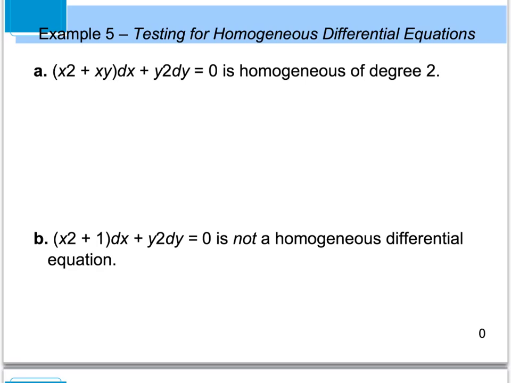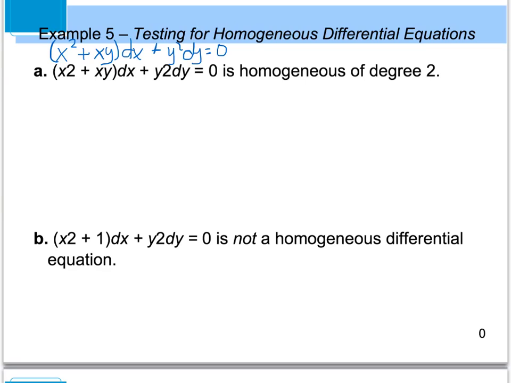Again, to prove that we have a homogeneous function, we have to prove that we can go in and replace our x's with tx and our y's with ty's and get a common t term out. So this is really (x squared plus xy) times dx, plus y squared dy is equal to 0.